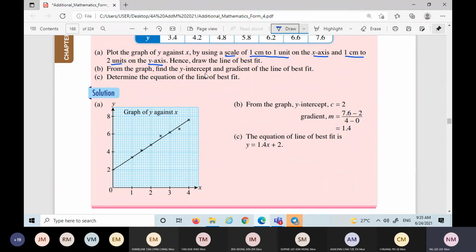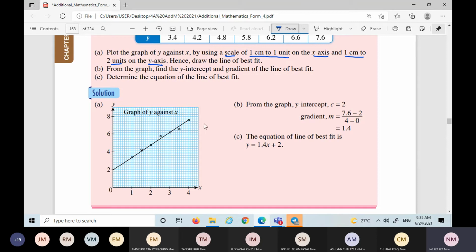From the graph, find the y-intercept and the gradient of the line of best fit. So this is from the graph. Your answer may be a little different from your friend's answer or the book's answer, because everyone's line of best fit may not be exactly the same. After you draw, you get the y-intercept. This one you can straight away read from the graph.